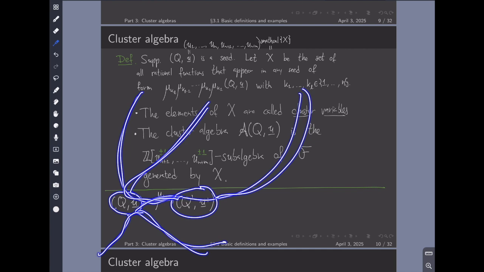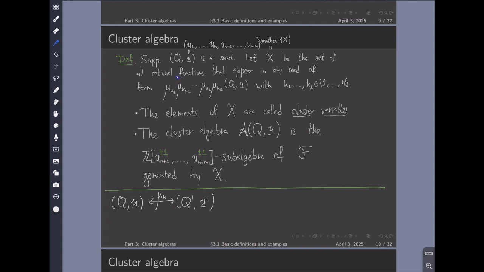So in other words, if I consider any seed that can be obtained from the original one by a finite sequence of mutations, then the cluster algebra associated to this one is exactly, again, this one, as sets. They coincide.